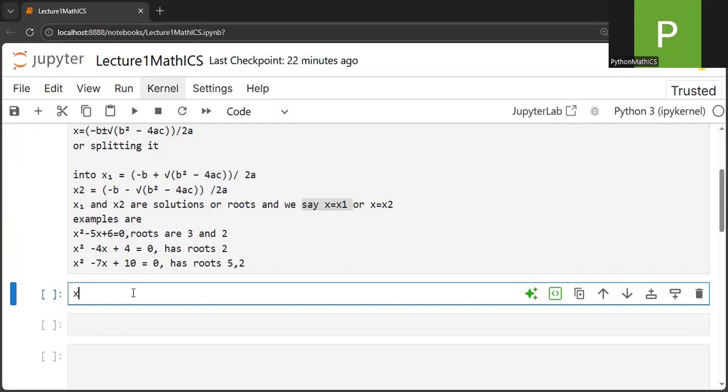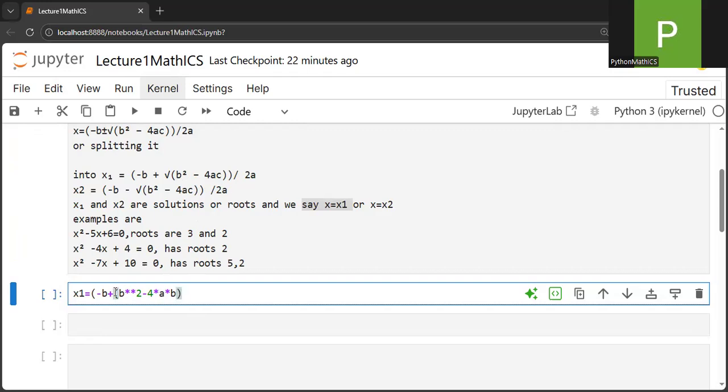I just write x1, and this is equal to bracket minus b plus bracket b. Now we write the power as double star. Here we have b square, so we'll write it just b**2. This is basically the power, because double star means power, minus 4, then star, then a, then star, and then c.